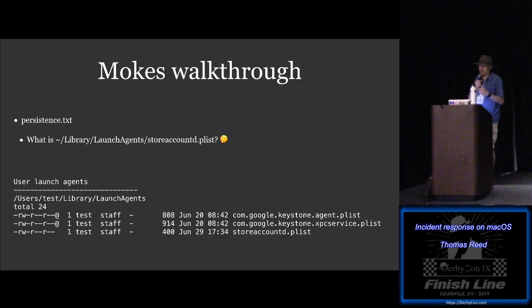If I look in the persistence information, I immediately notice that there's a launch agent named storeaccountd.plist. This is a user launch agent. It's in user land, not a system launch agent, which is suspicious because it seems like it's pretending to be something to do with the App Store.